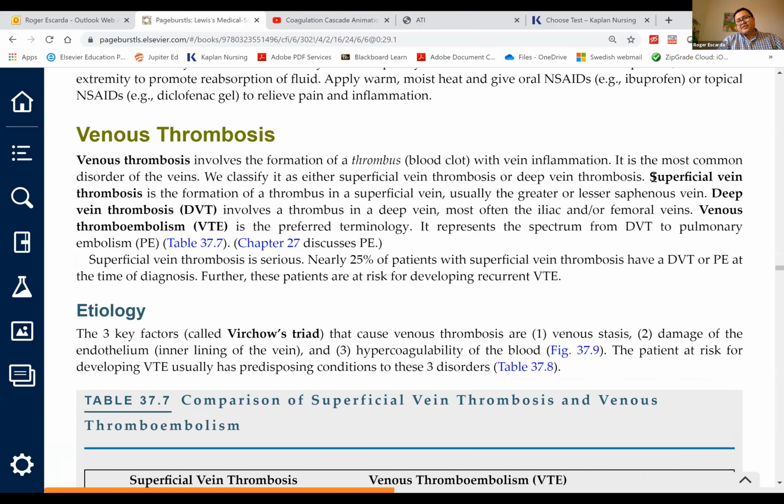I'm not saying superficial thrombosis is nothing to worry about. They can travel also. They can go from superficial vessels down into deep vessels. So either way, you have to worry about venous thrombosis. The most important way again is to prevent.